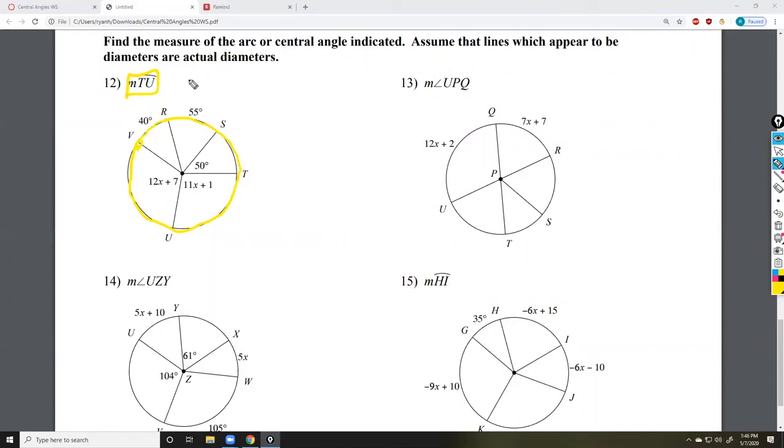So I'm going to leave myself a ton of room here. I've got a 40, and I've got a 55, and I've got a 50, and I've got an 11x plus 1, and I've got a 12x plus 7. And I'm back at the 40 I started with. So that's all the way around, 360 degrees.